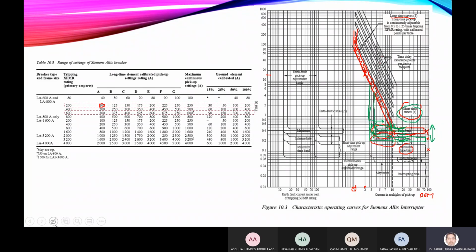It also has the instantaneous element, which is this one. The instantaneous, I will draw it here, is another band.